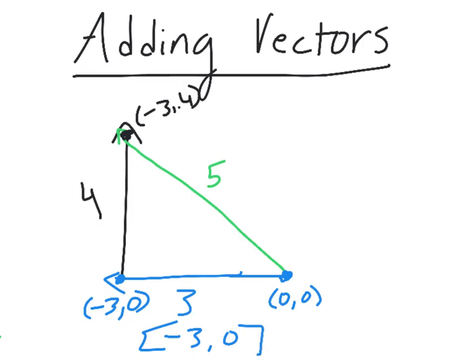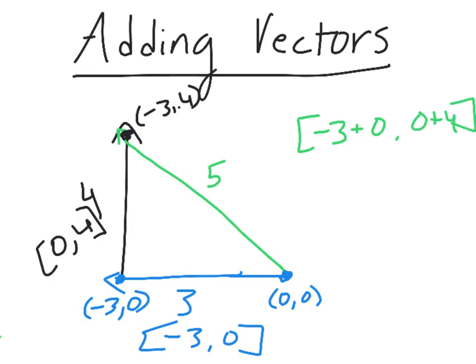And this black vector would be 0, 4. To add the vectors, you add the x components and you add the y components. So this new green vector will be -3 plus 0 and 0 plus 4. And that would come out to -3, 4, and that is the equation of the green vector.